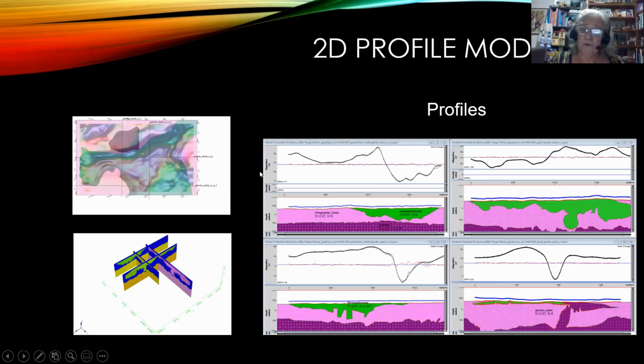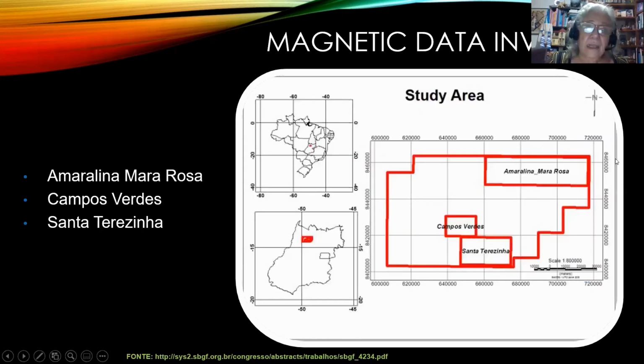You can do forward modeling and inversion on profiles, so you can interpret each profile and also look at this information as profiles. This is good to match the geology. And as I told you, inversion.